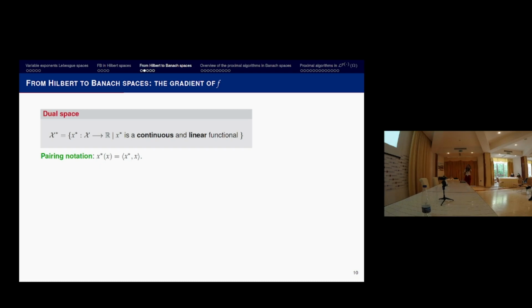So the dual space is a space of functionals, and so the elements of this space, x star, can be evaluated at a point of the space x, and we indicate this operation with the pairing notation that is very similar to the scalar product in terms of notation. And since x star is linear, we can, let's say, think of this operation as the scalar product.